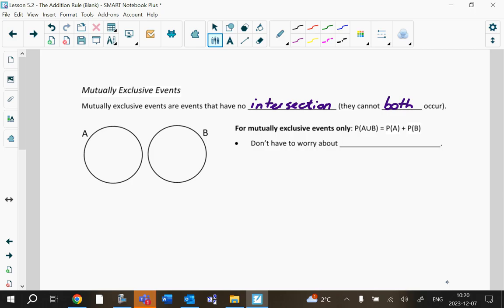So that's why it's just like this. You don't have to worry about the overlap or subtracting away the double counting.